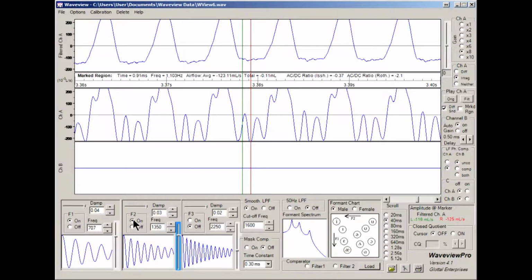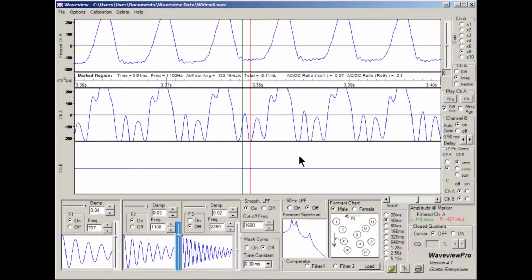First I'll turn it on, and you can see that even 1300 hertz takes out a lot of it. But to get it down to a minimum, I could set the frequency closer to 1100 hertz. Now I have the first and second formant filters out, and what's left is the third formant.